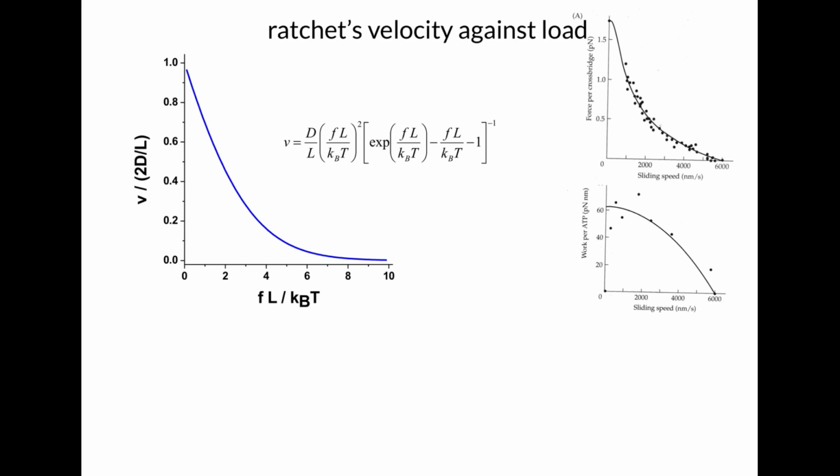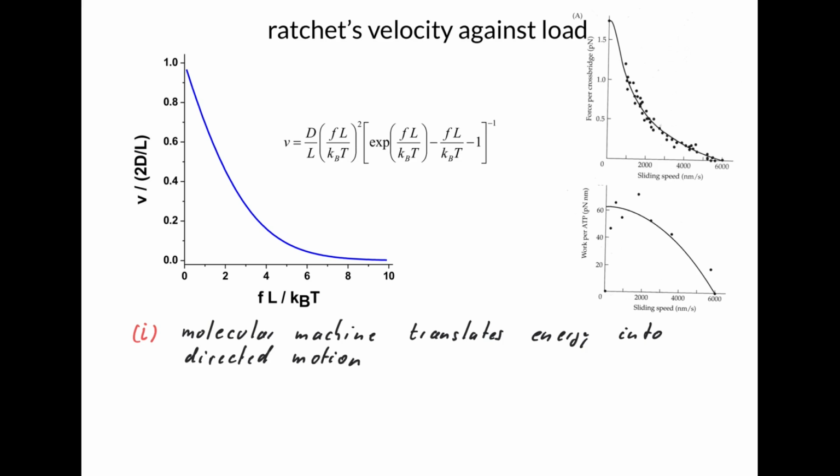Okay, just the summary on that part of the lecture. So we looked at the ratchet's velocity against the load, and we find this interesting behavior that the speed drops off with the load in an exponential way. We further learned that molecular machines translate energy into directed motion.